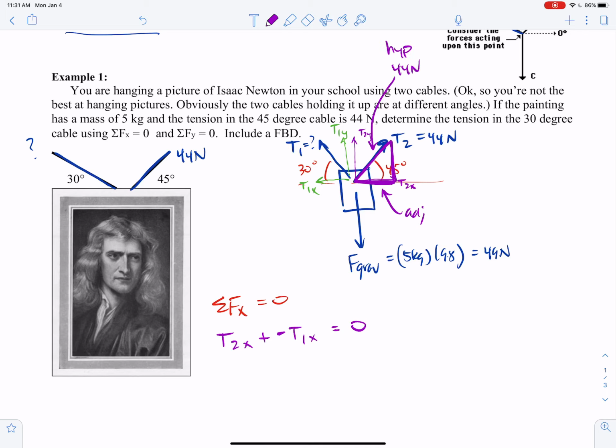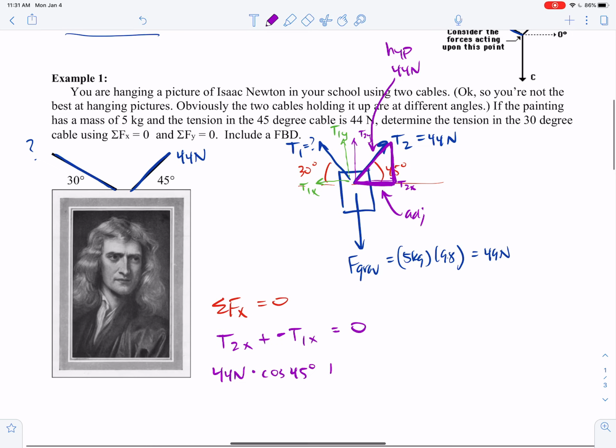And the relationship between adjacent and hypotenuse is cosine. So T2 is 44 newtons, and the adjacent leg of that will be 44 newtons times the cosine of 45 degrees, okay?